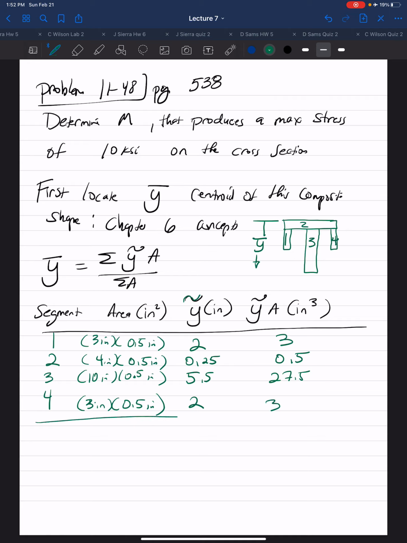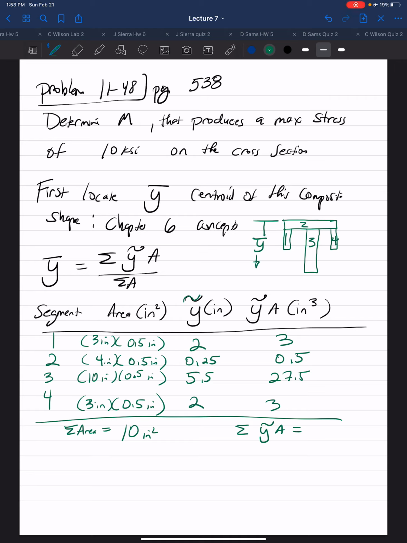So your sum of your areas and your sum of your y wavy bar A. The sum of the areas is 10 inches squared.